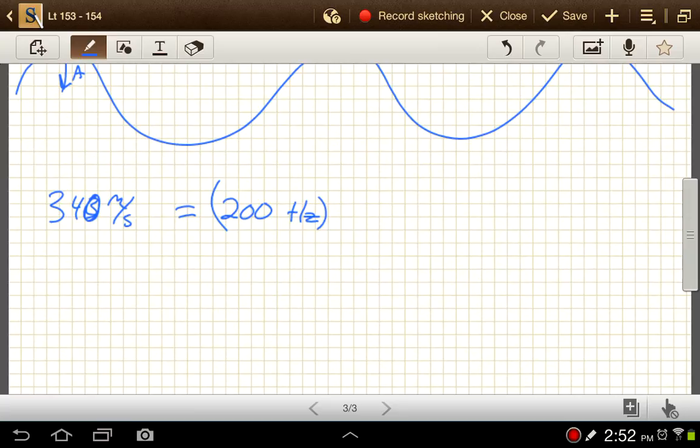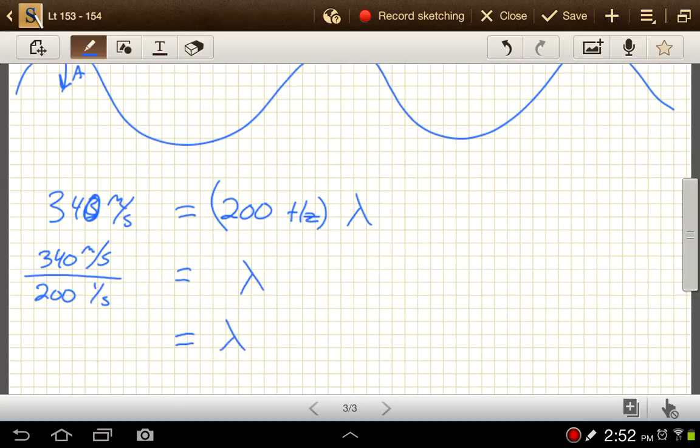And then that's times the wavelength. We want to figure out what the wavelength is here, so we'll divide both sides by the 200. Hertz, remember, is the same as per seconds. So 340 meters per second divided by 200 per seconds is equal to our wavelength.